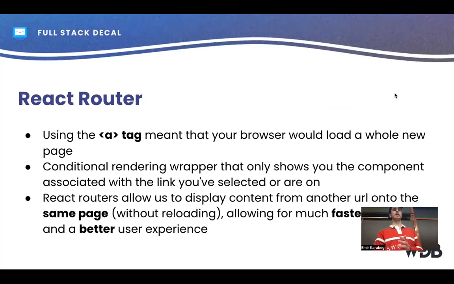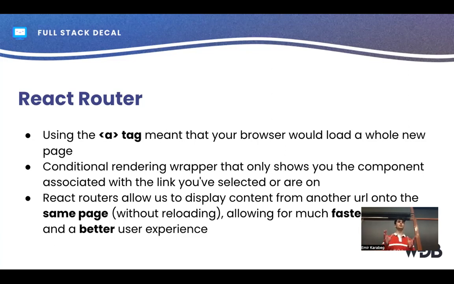You might be thinking, what is a router or what is a React router? Basically, a router is anything that loads a new URL. When we used the A tag, we would click on some link and it would direct our browser to a completely different web page that loaded an entire new URL into our page.